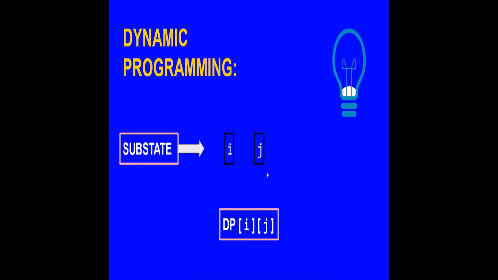So the substate of this problem will be based on the pointers i and j, what these pointers are pointing to. So we will store the result in dp of i and j. You will get more clarity when you see the code.